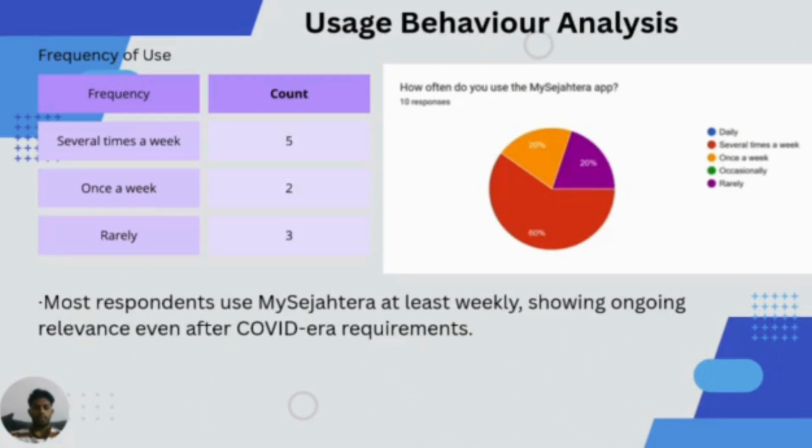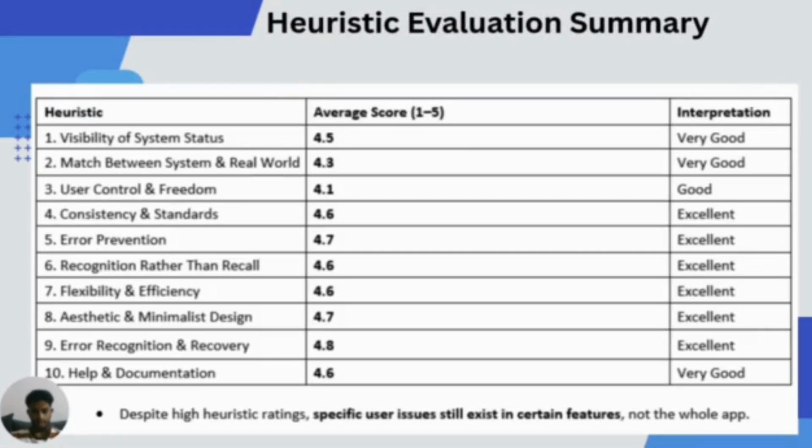For the second one, here is the table of heuristic evaluation summary. Visibility of system status has an average score of 4.5, interpreted as very good. Match between system and real world is 4.3, very good.